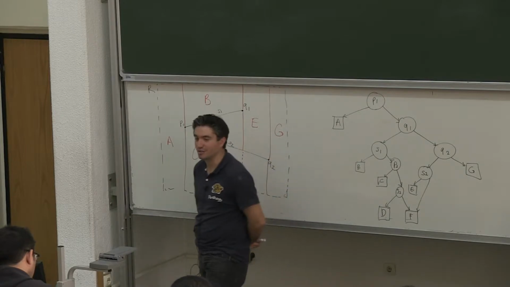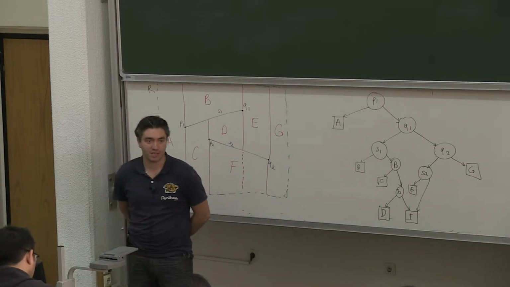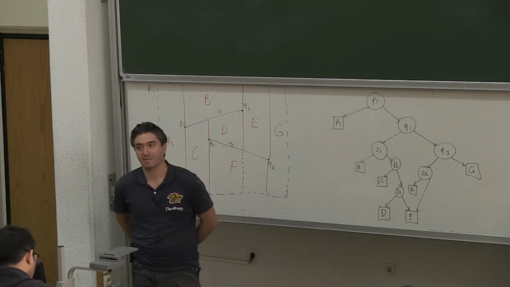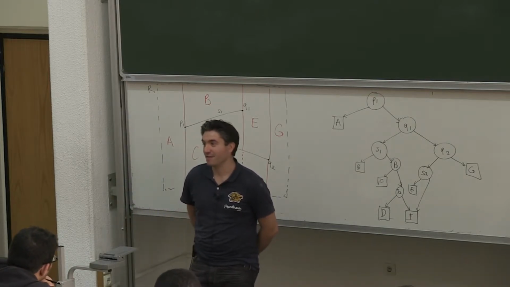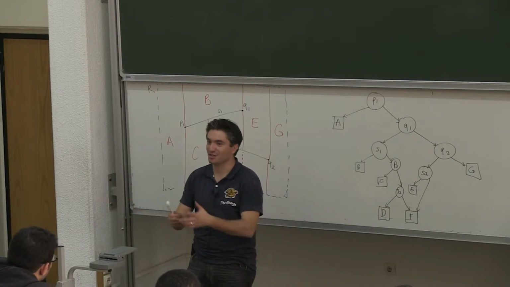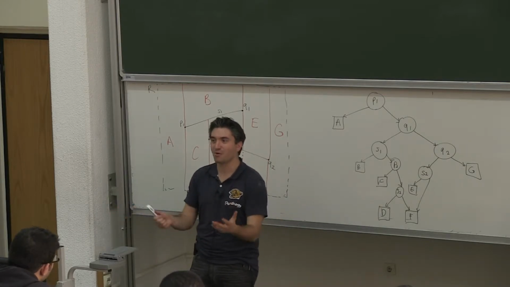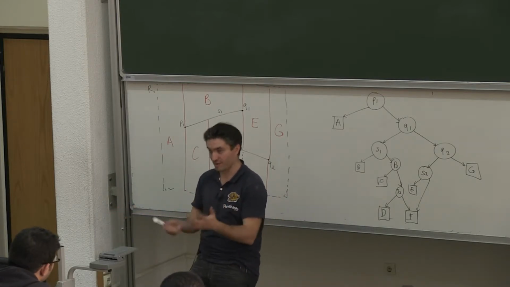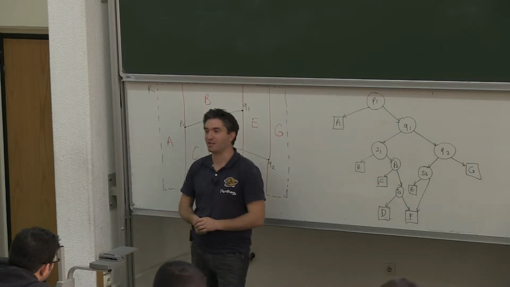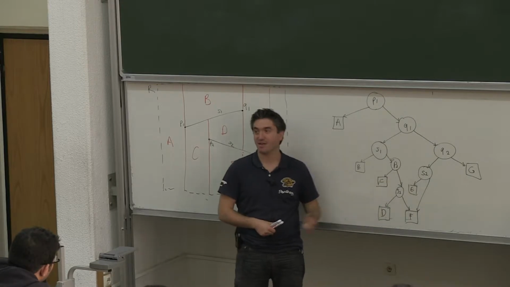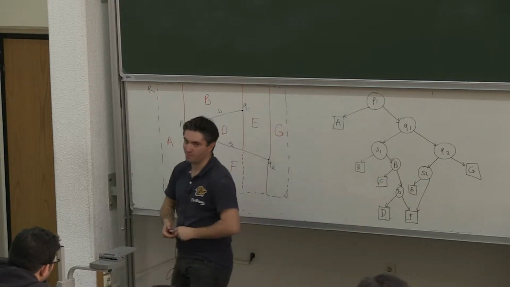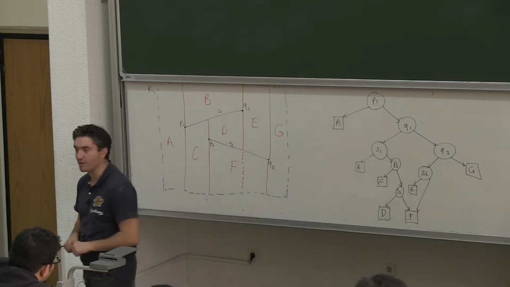And at the end, we are going to see that a randomized permutation gives us an expected running time of log n. So if your segments are not sorted in a certain order, on average, the expected tree is going to be a balanced tree, and you are going to have log n expected query time.